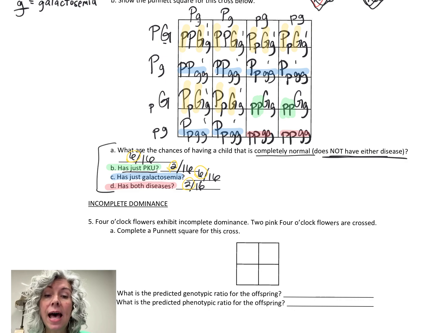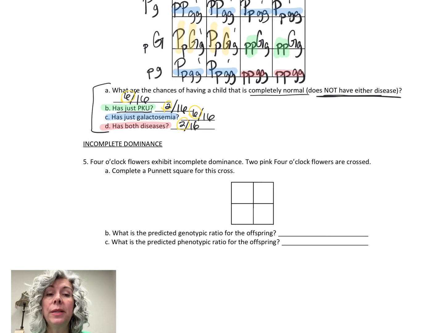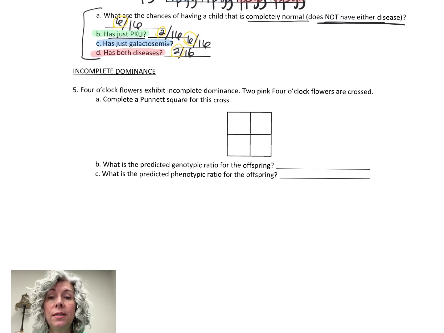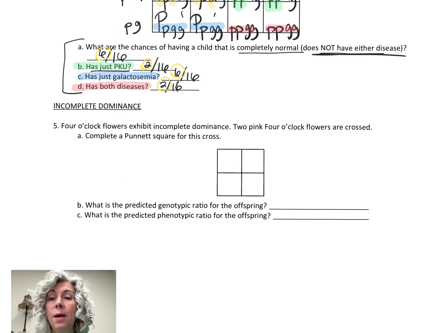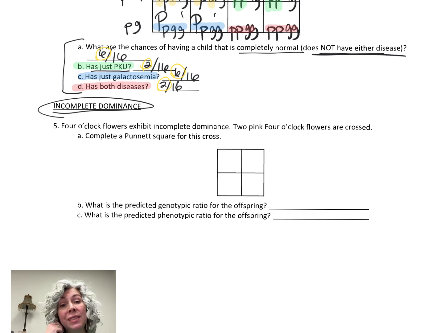Okay, I'm fixing to slide up again because now we're jumping to incomplete dominance, so sorry for the motion sickness. All right, incomplete dominance. Here we go. What does incomplete dominance mean, by the way? If something is incomplete, that means you do not have a dominant trait. These 2 traits will essentially blend.